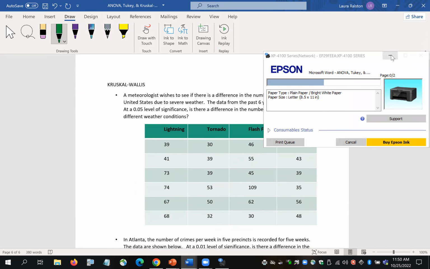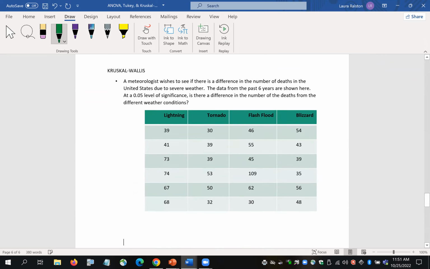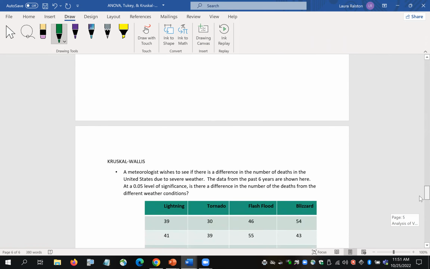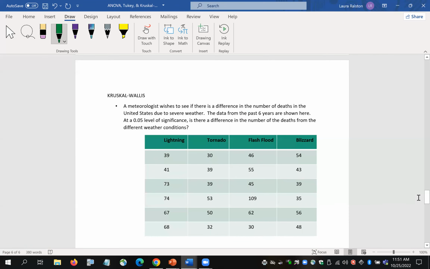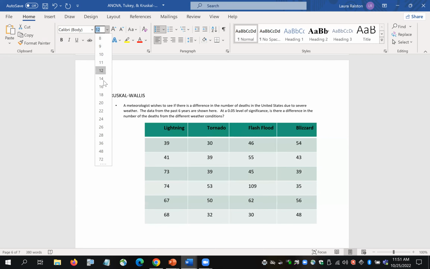Okay, so while my printer is printing, let's see, it says a meteorologist wishes to see if there is a difference in the number of deaths in the United States due to severe weather events.